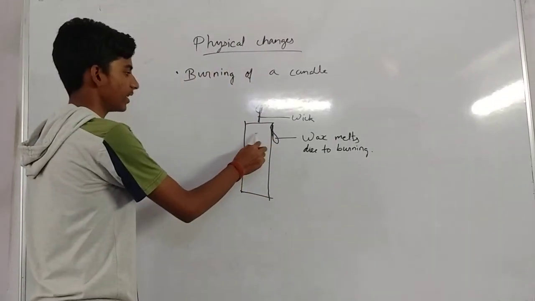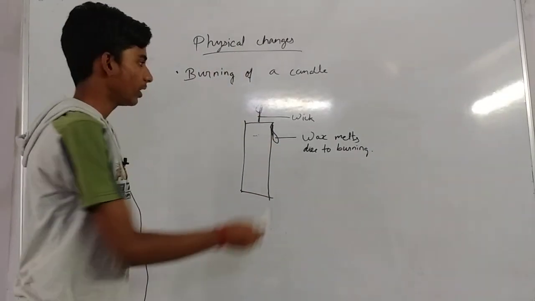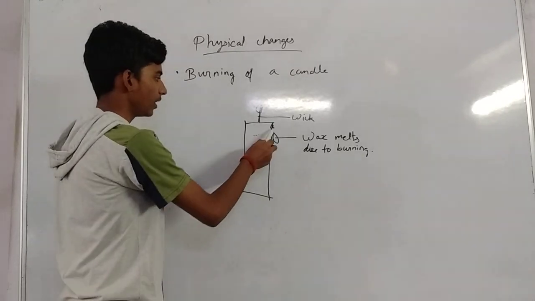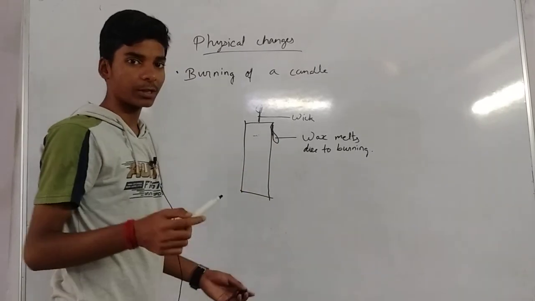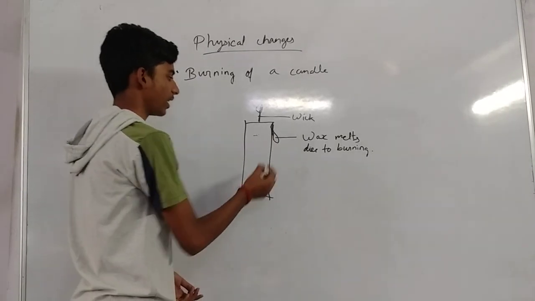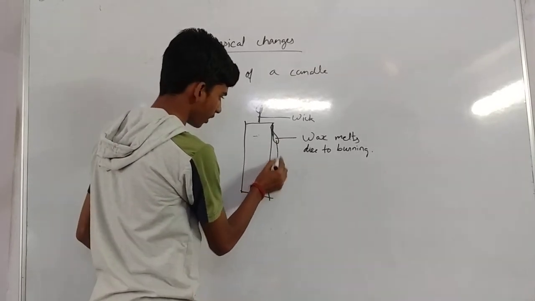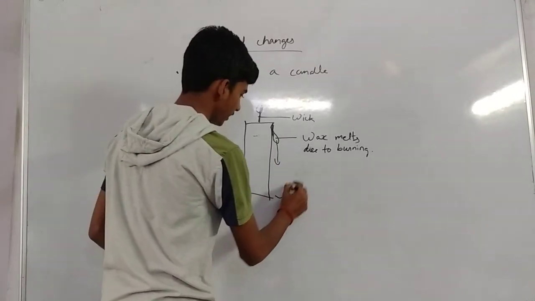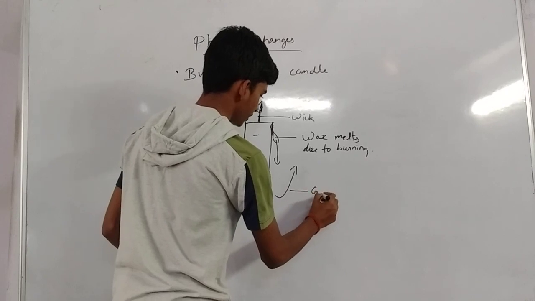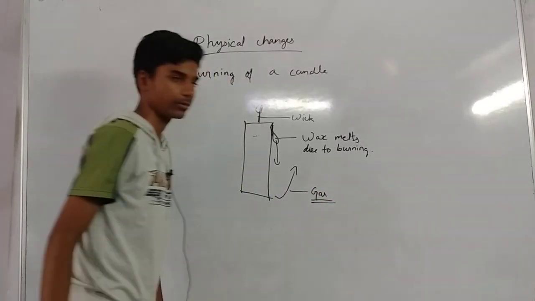Before burning, the wax is in solid state, but when it is affected by fire, it starts melting and converts into liquid form. After that, when it slowly starts coming down, it finally evaporates and forms gaseous state.